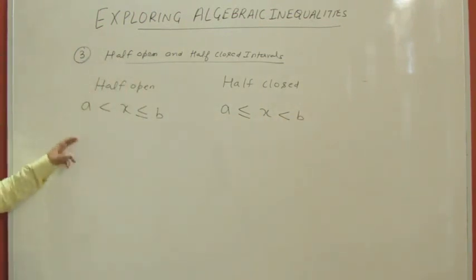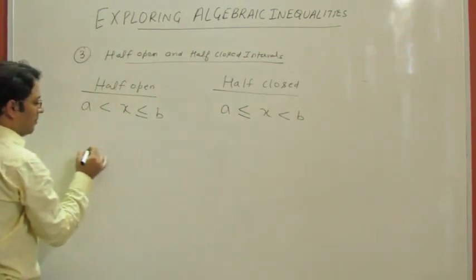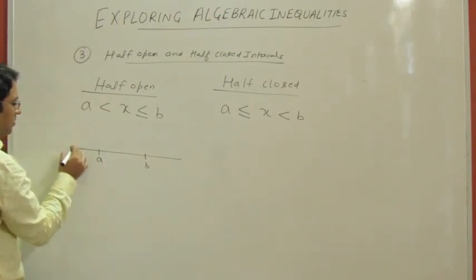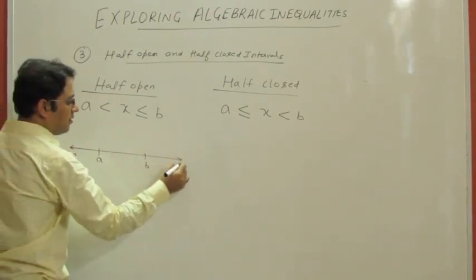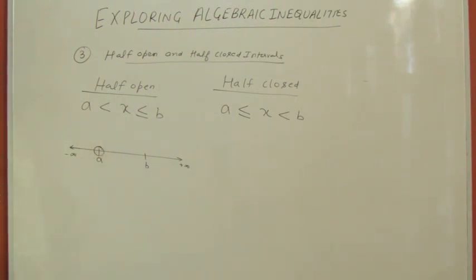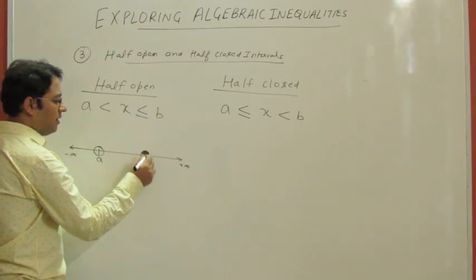Okay, so alternately we can also write it on the number line. If we have to represent it, we will write a, b on the number line. So x cannot have the value a, therefore an unfilled circle, but x can have the value b.